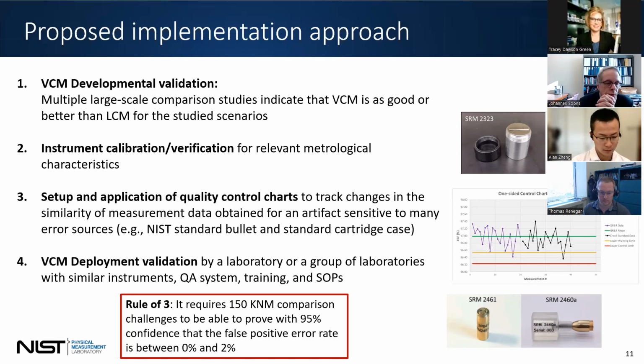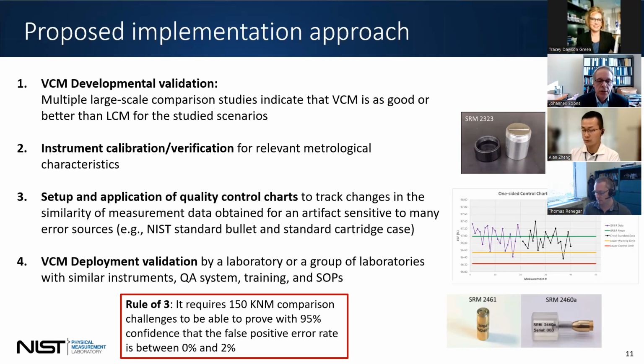And the most controversial step, step number 4, is deployment validation. And there are differences of opinion on how that should be done at the lab level. One proposal currently being worked on is to do this as a mini black box study.